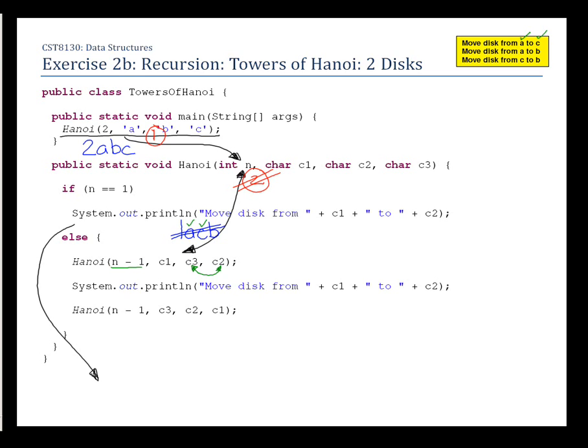After returning, I do the next statement, and in this case I'm outputting the values in C1 and C2. But the C1 and C2 values that I'm concerned with are now these ones, because these are visible again.